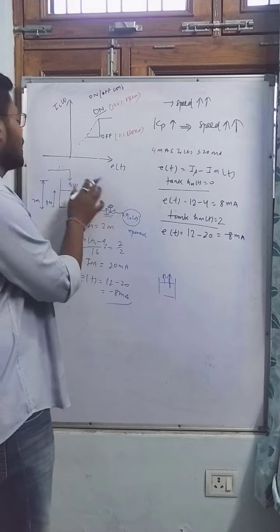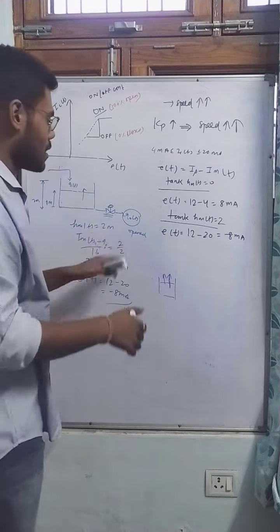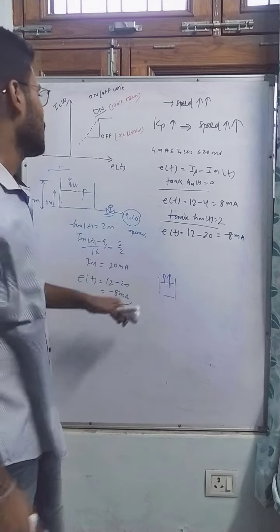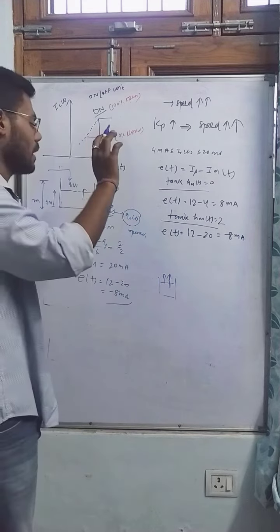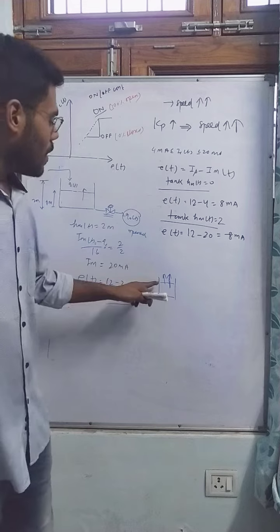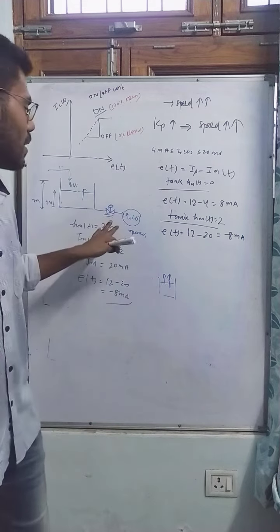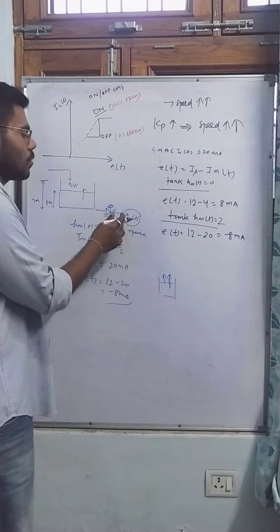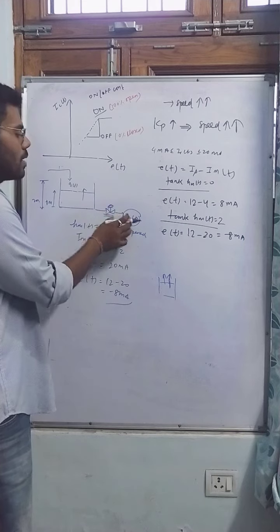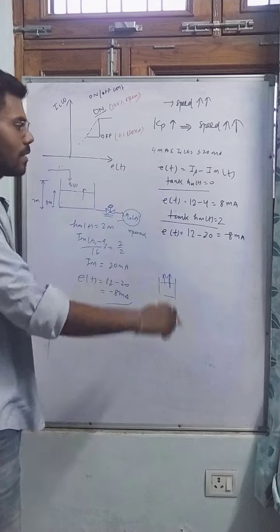This valve gets closed and again whatever we studied in the last 30 minutes will happen. Okay, so once your level exceeds the set point, inverse action will take place. In that case, this valve will be opened and the excess liquid will be discharged.